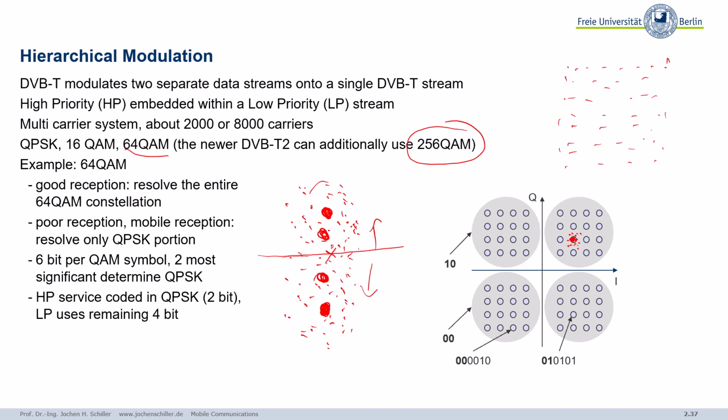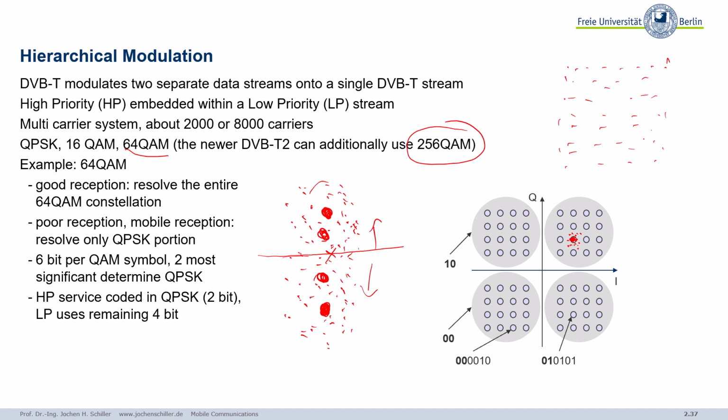It will be harder and harder to actually recreate the original symbol based on this cloud of points. The more interference you have, the harder it will be to detect the original symbol. And that's the problem. If the points are further away from each other, it makes life easier.